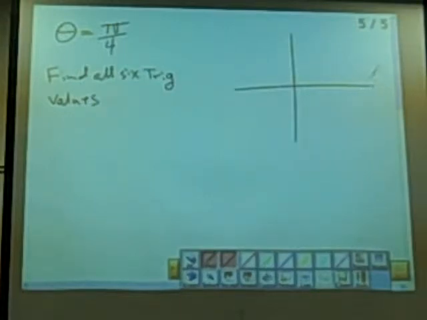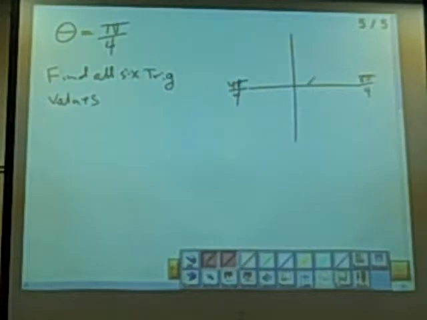Quadrant 4, right. One way you can tell is 2 pi is the same thing in reference to pi over 4. 2 pi is 8 pi over 4, right. And pi, what's that in reference to? 4 pi over 4, right. So it helps to know those.